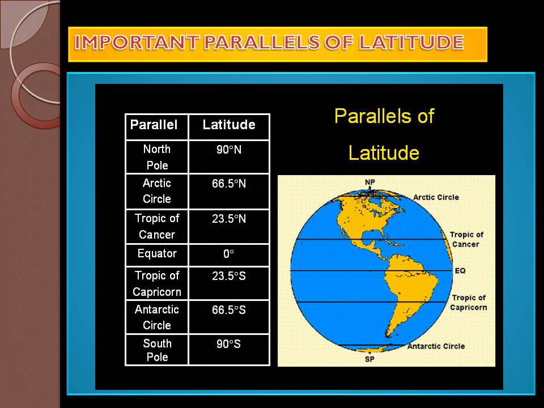So in this you can see we have two poles, North Pole and South Pole, and four important parallels of latitude. That is Tropic of Cancer, Tropic of Capricorn, Arctic Circle and Antarctic Circle. These are the four main parallels of latitude.